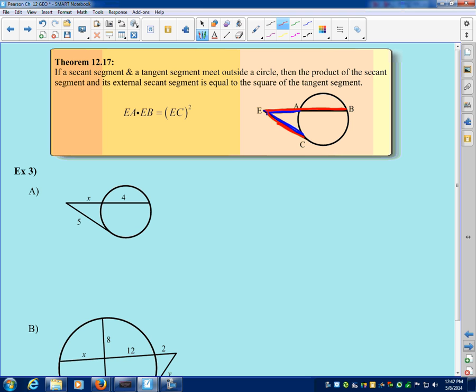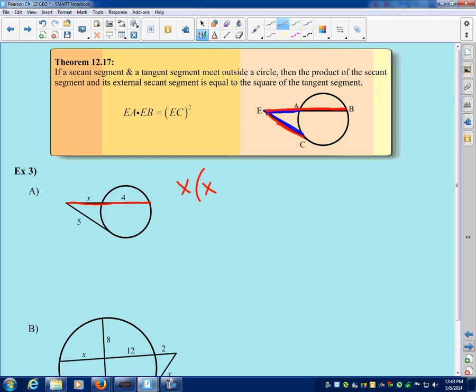So it's EC times EC. That's the way I think about the right-hand side of that. So if you apply that to example 3a, we've got EA is actually x, right? What's EB here? From here to here.